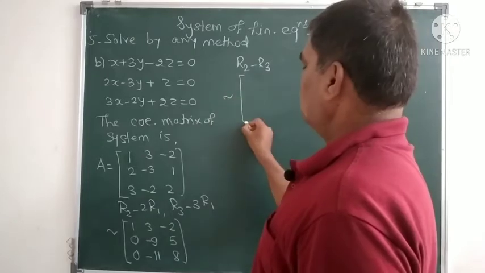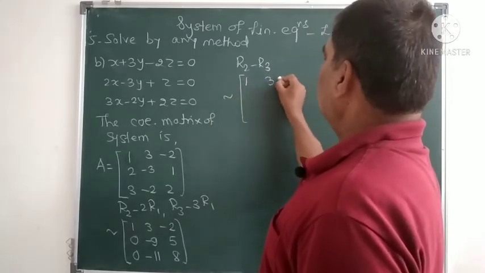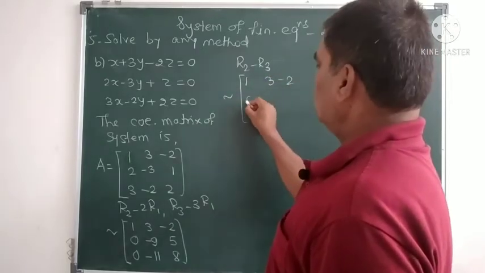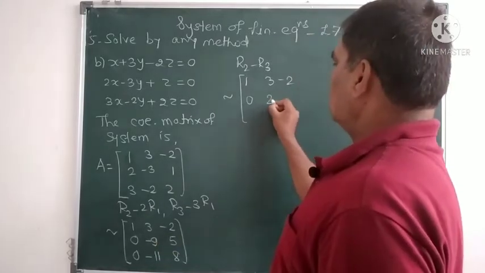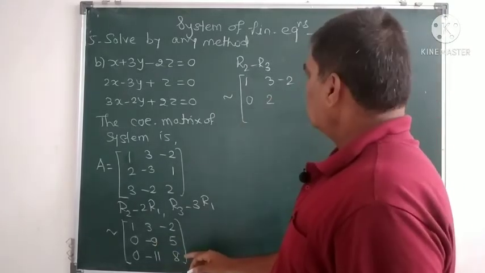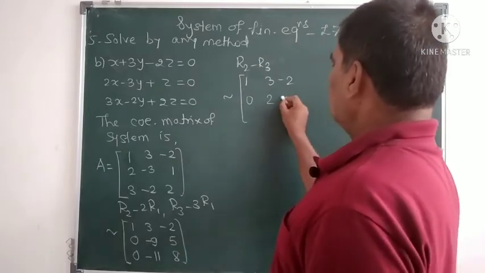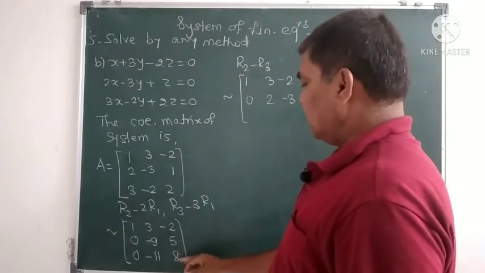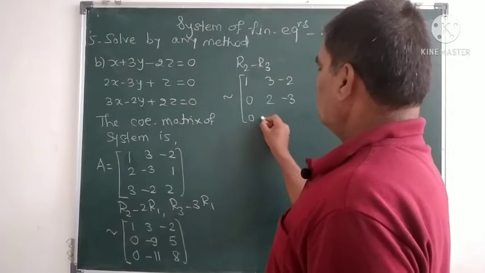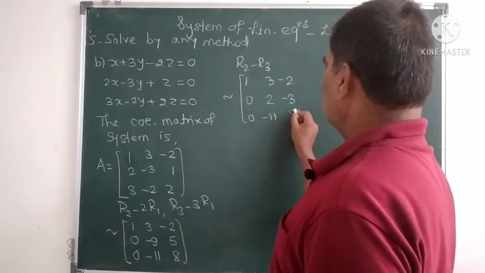This is equivalent to 1, 3, minus 2, 0, minus 9 plus 11, that is 2, then 5 minus 8, that is minus 3. 5 minus 8, 0, minus 11, 8.